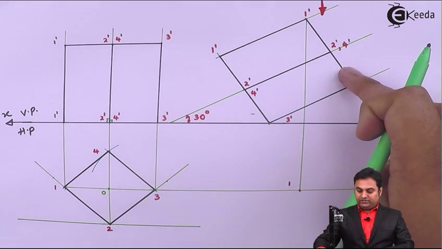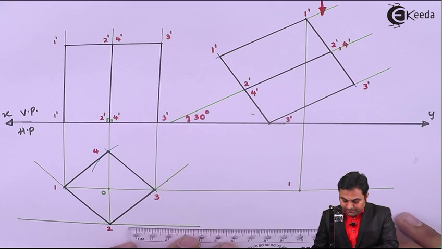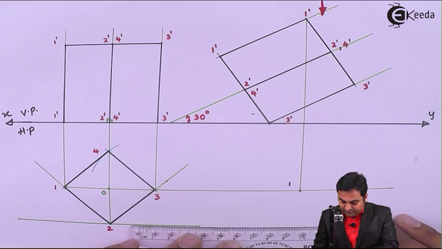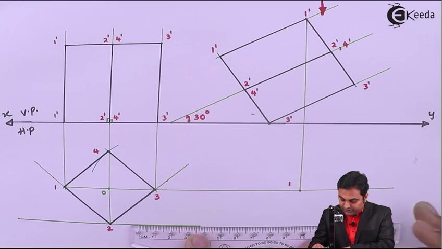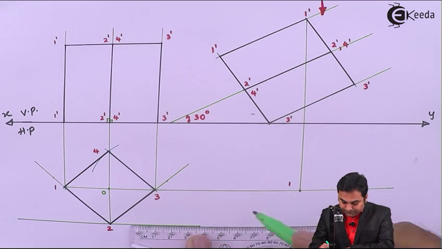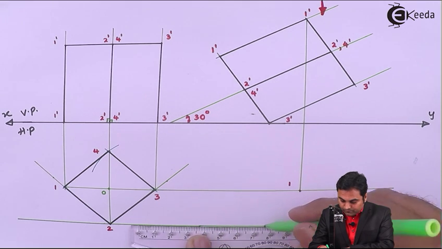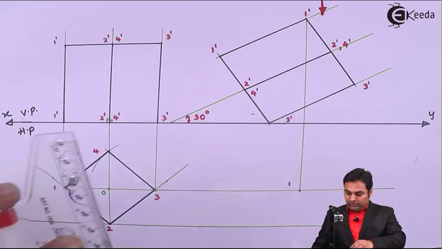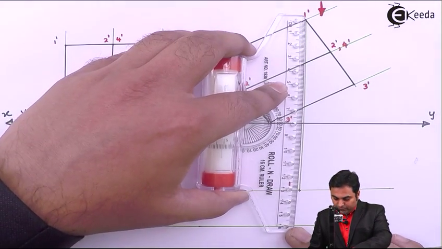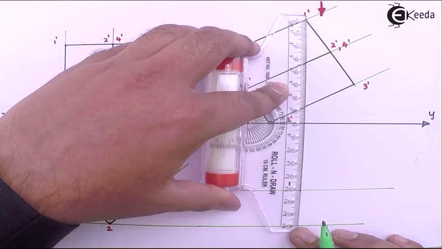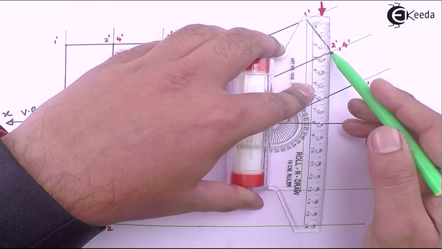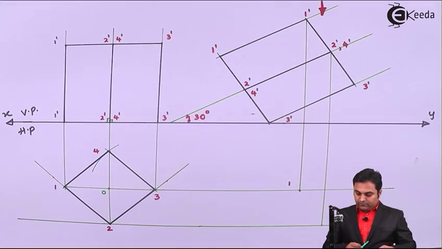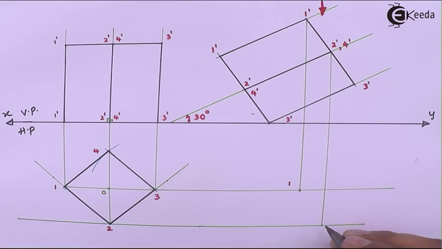Next, point second. For that, I'll take the projection from the top view, that is point 2, which is there in the top view in the initial condition. Next, point 2 will be projected from the front view. So as per sequence, here there is the second point.